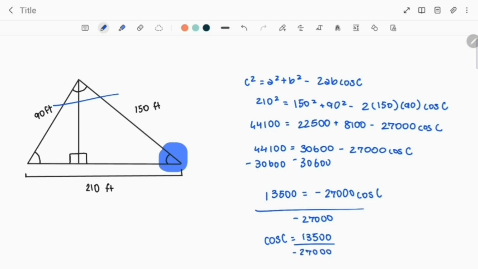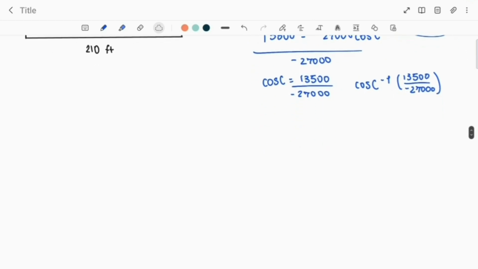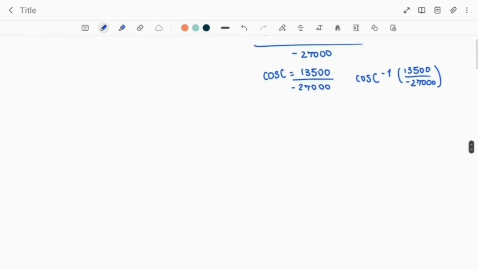To find the measure of angle c, we'll do the inverse of cosine of 13,500 divided by negative 27,000. And we'll get that the measure of angle c is equal to 120 degrees. Now we'll use this information and find your angle of elevation, astronaut.